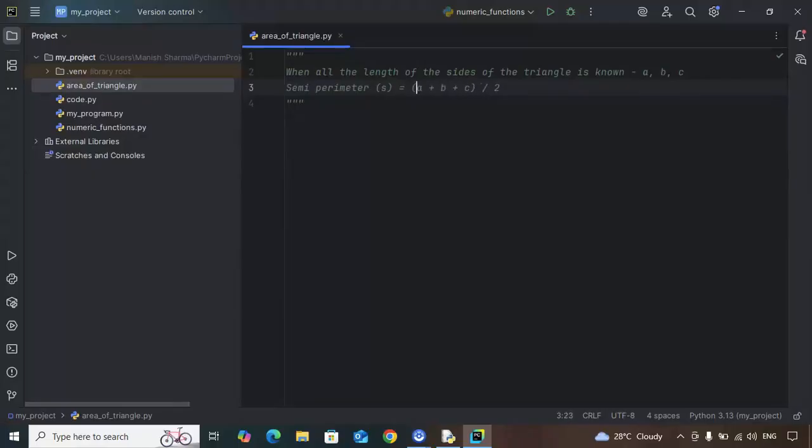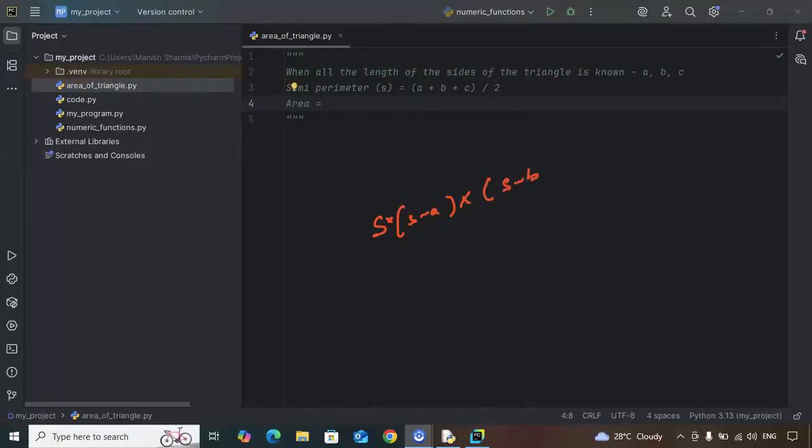For understanding purpose, what is area? Area is written something like this. It is S into S minus A into S minus B into S minus C, and under root of the entire calculation.